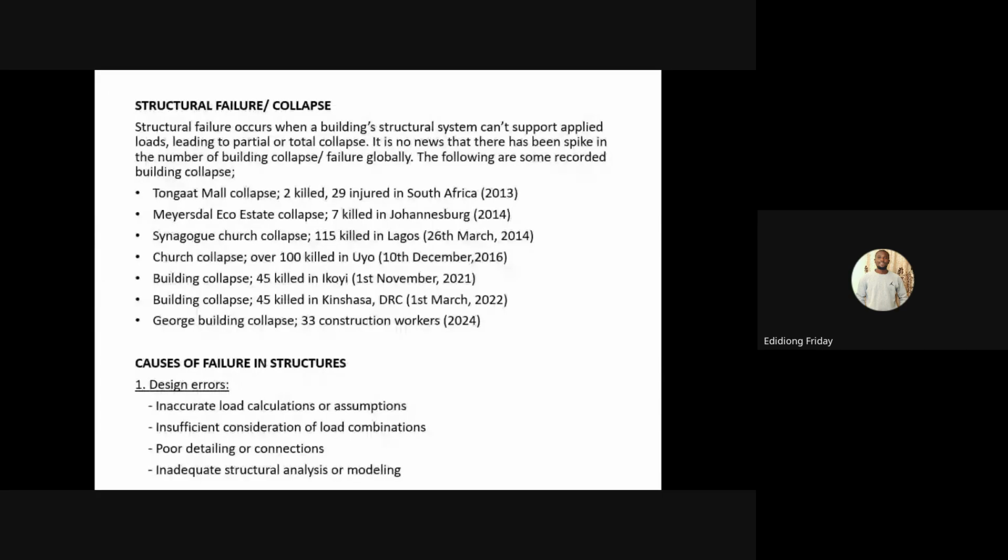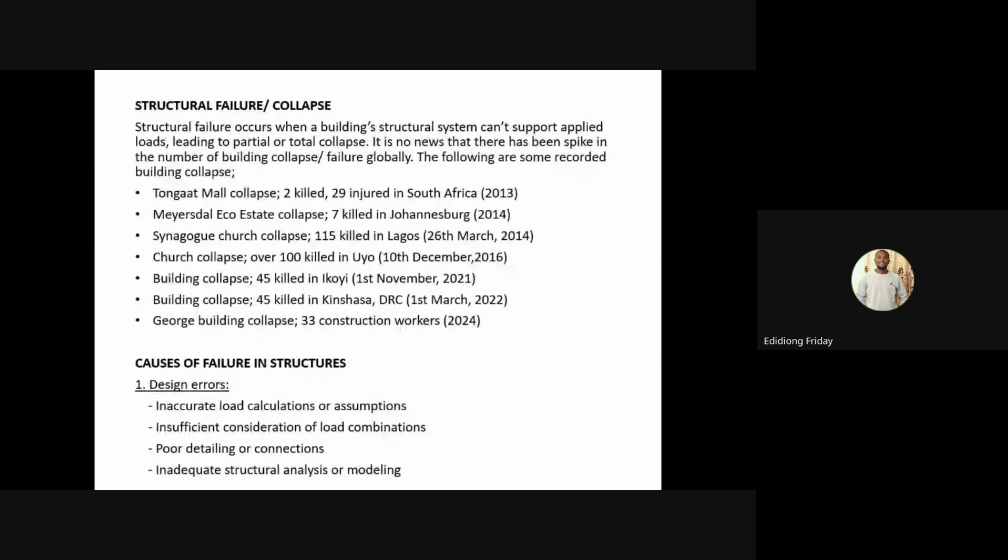For instance, according to the codes for a residential building, and I'm talking about the British Standard Codes now, for a residential building, you have a live load of 1.5. And in your load calculation, instead of using 1.5, you decide to use 0.75.